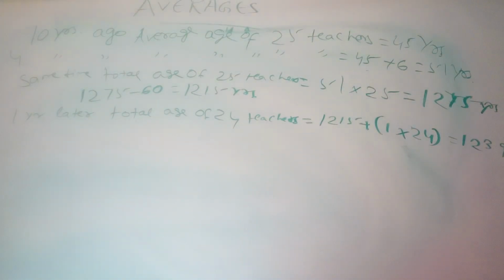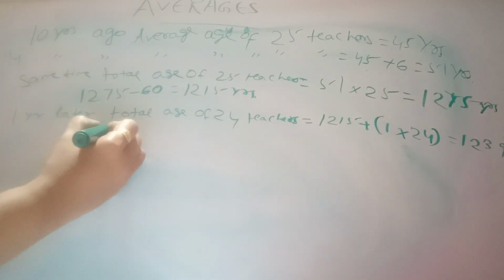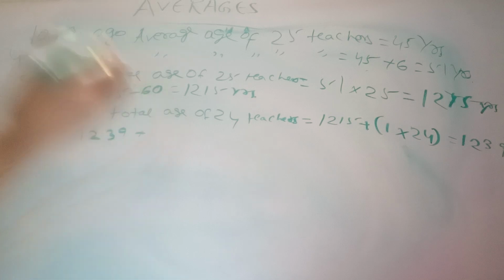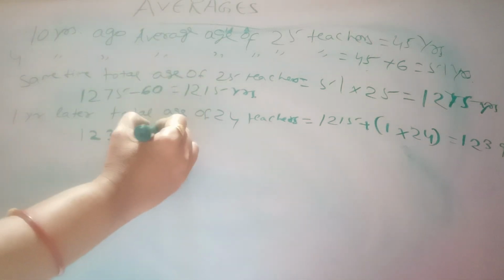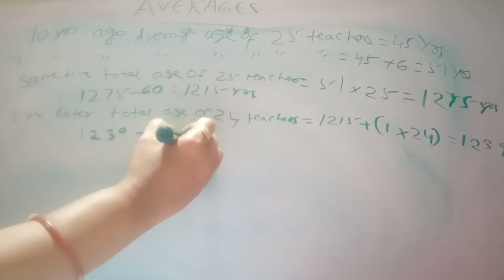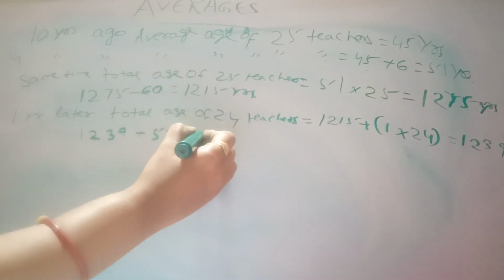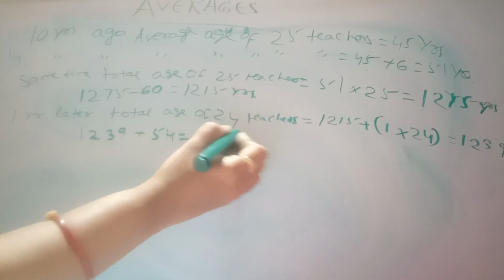Okay. And the total age of the 25 teachers including new principal just after the recruitment is 1239 plus the new principal's age is 54. So we will add this one, 54, equals to 1293 years.